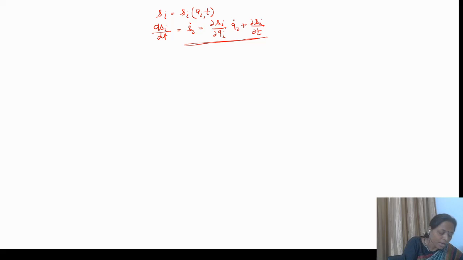And in this way, our L tilde of si, si dot and time may be written with si as a function of qi and time, or I may write it in the reverse way: L is equivalent to L tilde if qi is a function of si and t, and qi dot is a function of si, si dot and time.